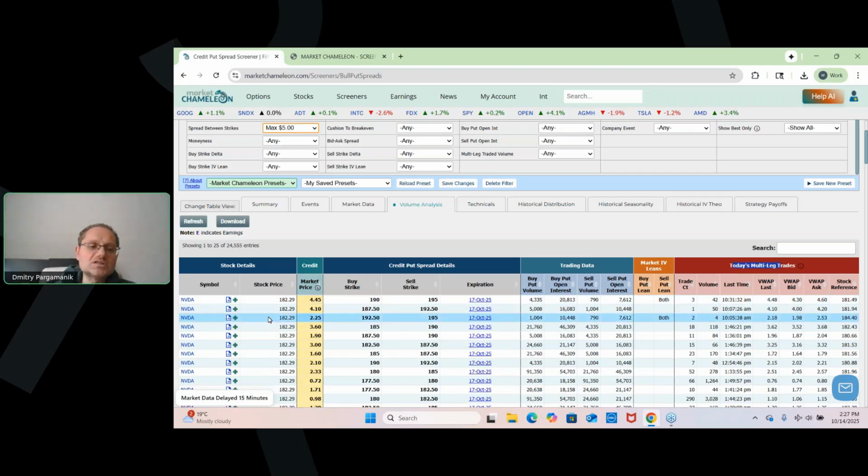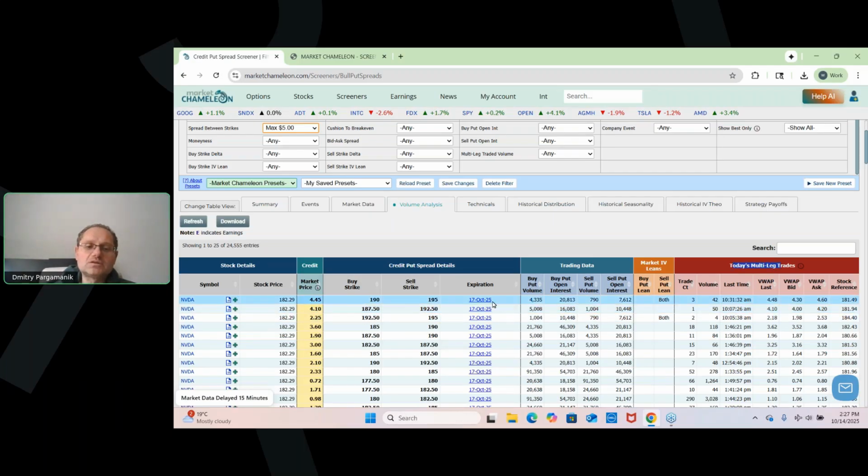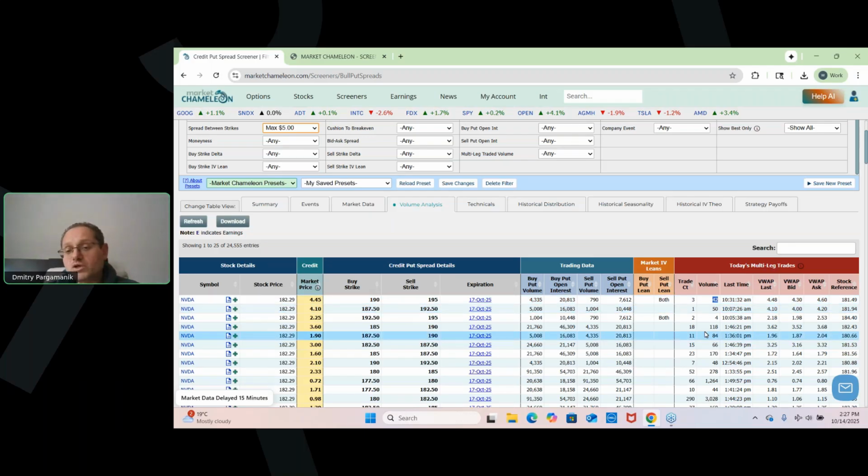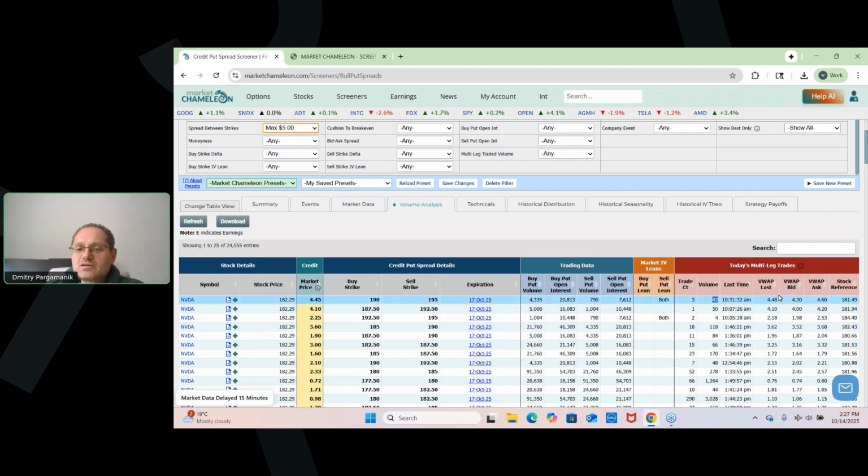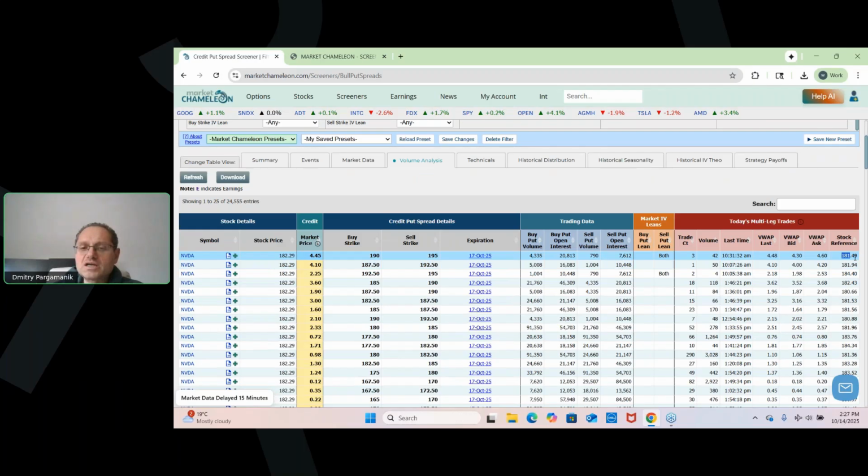Based on today's multi-leg trades, this particular spread, the October 17th, 190, 195 put spread, actually traded 3 times today for a total of 42 contracts, okay? And the weighted average price of all of them was $4.48, and the weighted average bid and offer was $4.30, with the price of the stock at 180.49.